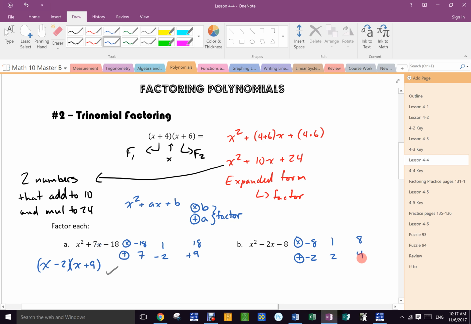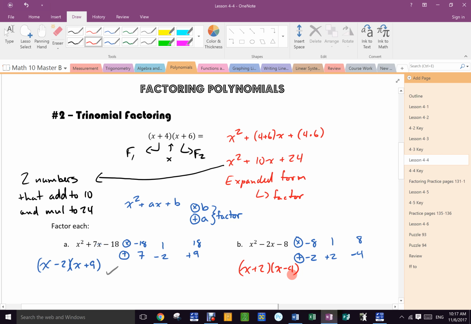How? How do I take 2 and 4 and get to negative 2? Negative 4 and positive 2, correct? So it must be x plus 2, x minus 4.